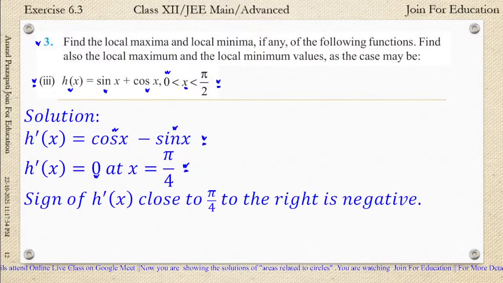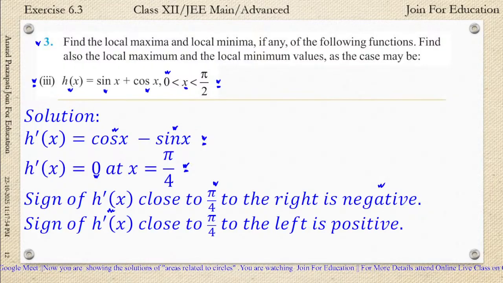Sign of h dash x close to pi by 4 to the right is negative. Sign of h dash x close to pi by 4 to the left is positive. Sign of h dash x changes from negative to positive when moved from right to left.